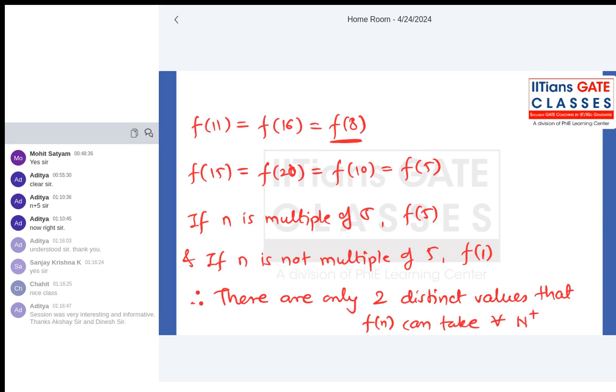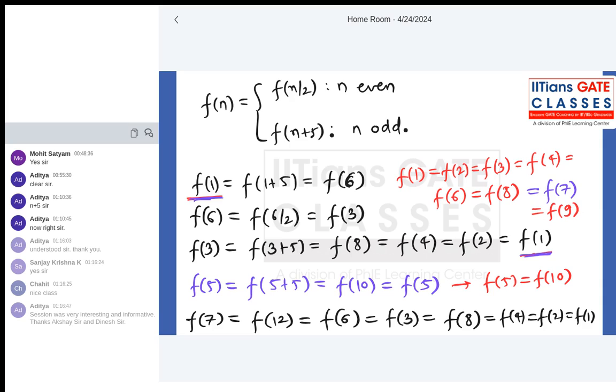So what is happening here is, if you take n as a multiple of 5, the trick is in the definition of the function, n plus 5.